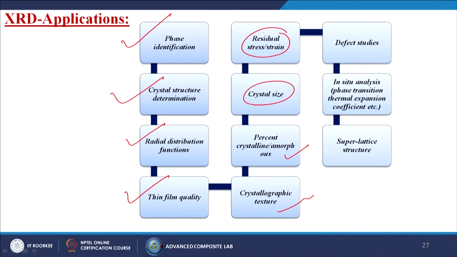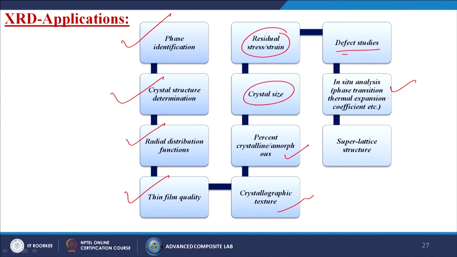We can get the crystal size, the residual stress or strain, and the defects inside the crystal structure of any material, which is another beauty of XRD study. We can also get in situ analysis, phase transition, thermal expansion coefficient, etc.